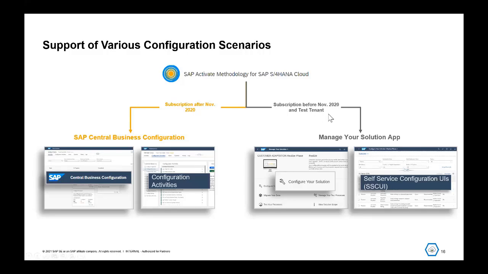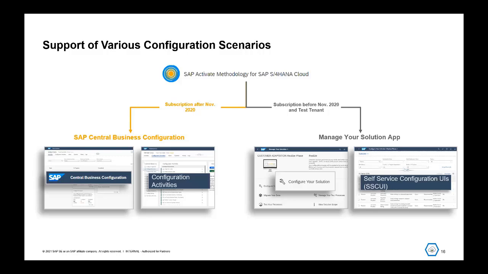The second scenario that this implementation roadmap supports is for all customers who have subscriptions starting before November 2020 and all test tenant subscribers, which is indicated with this right branch in dark gray, and who will be using the Manage Your Solution app when configuring SAP S/4HANA Cloud.